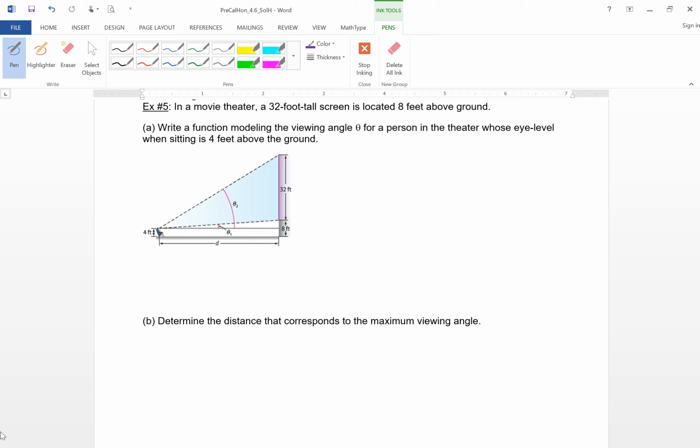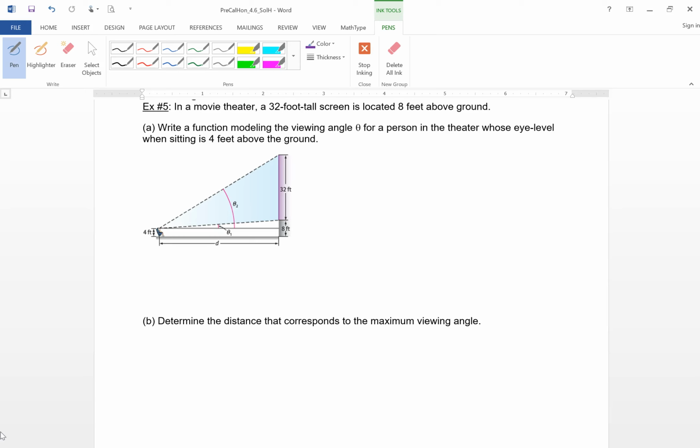Okay, here. So, you're in a movie theater. There's a 32-foot tall screen located 8 feet above the ground. You want to write a function modeling the viewing angle for a person in the theater whose eye level when sitting is 4 feet above the ground.